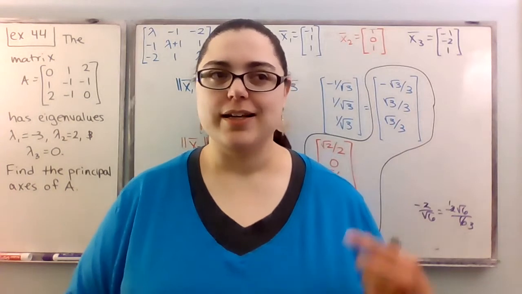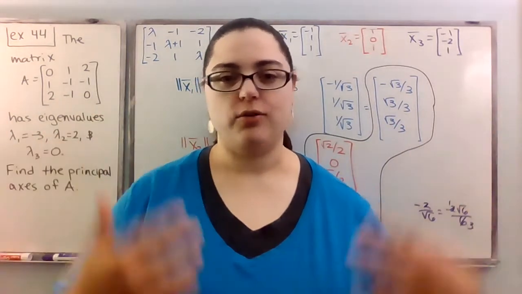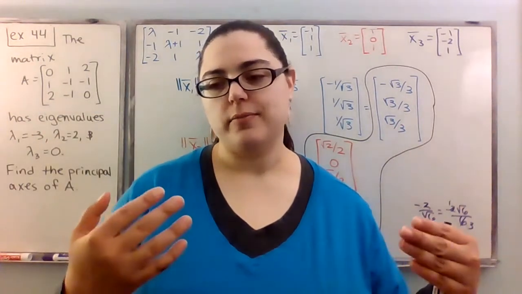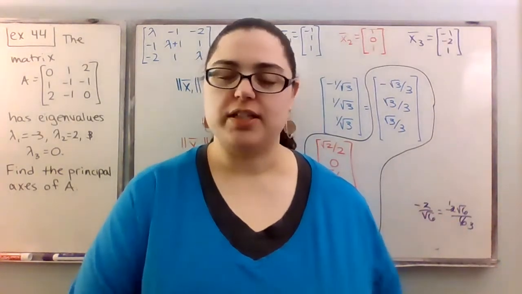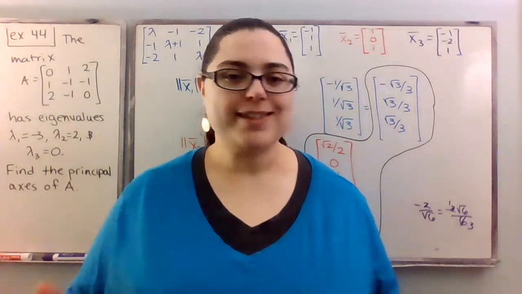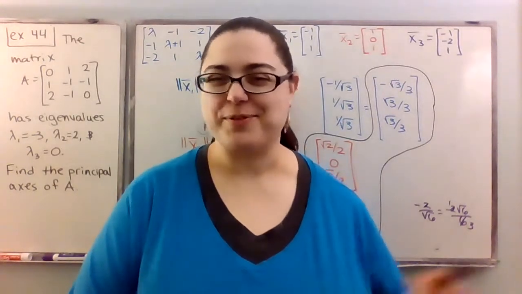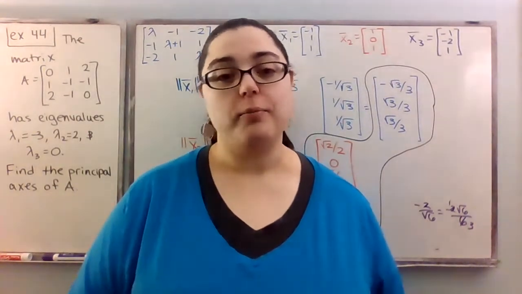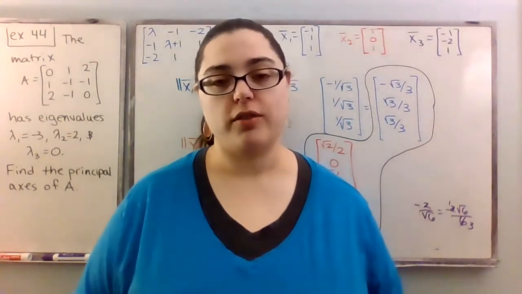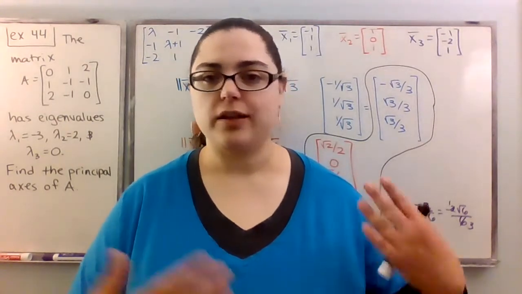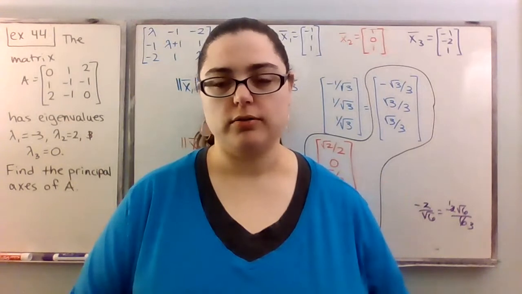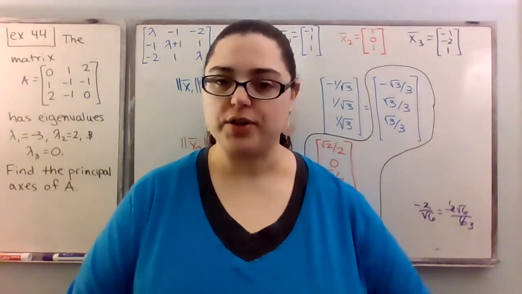So you can get anywhere from n or below eigenvectors associated to that eigenvalue. So when you have an eigenvalue with multiplicity bigger than 1, you can get multiple sets of orthogonal vectors for your matrix.